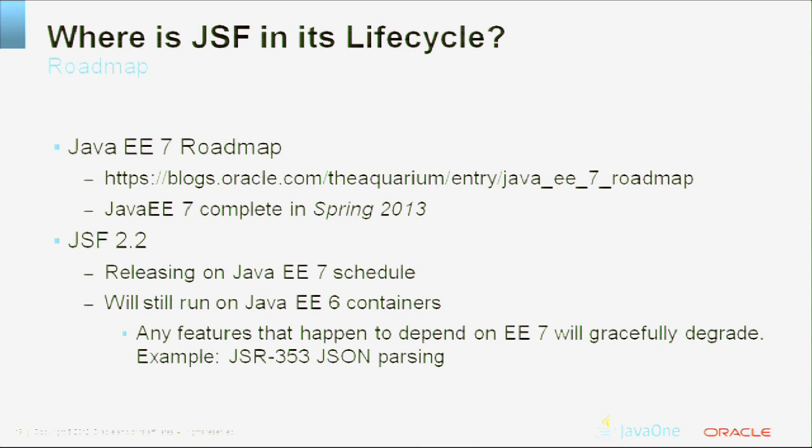The only thing that you might miss out on is we have some features that are on the table that leverage JSON, through the JSON API that's part of EE 7. So if you take a JSF release and drop it onto an EE 6 container, then you won't have that API there unless you pull that back as well. And if you're that advanced at doing this kind of a la carte mix and match, then either you have a very kind IT department or you're willing to take some more risk on your own hands.